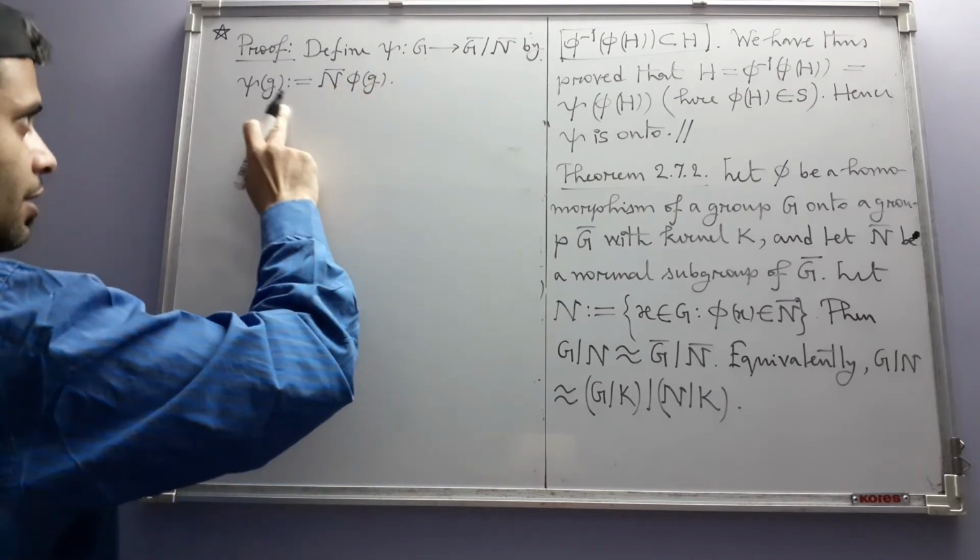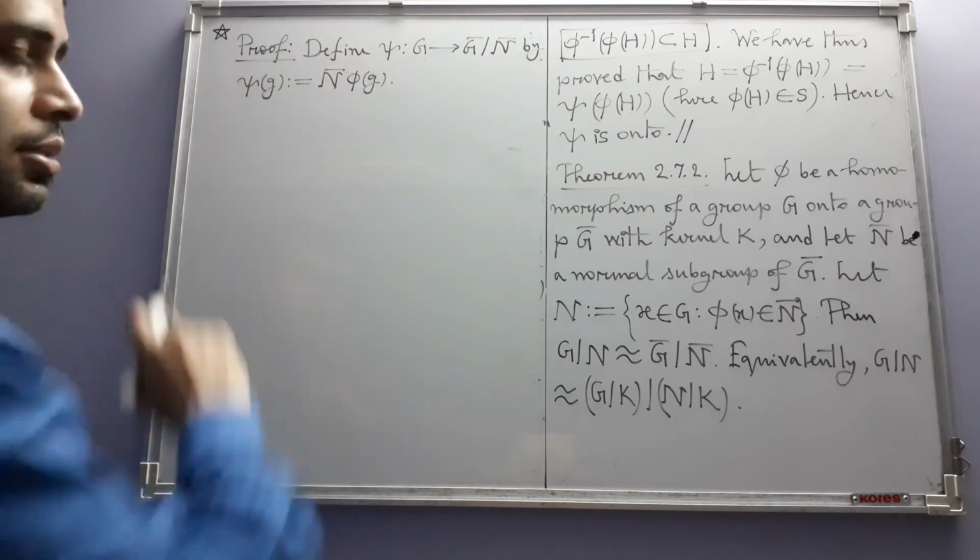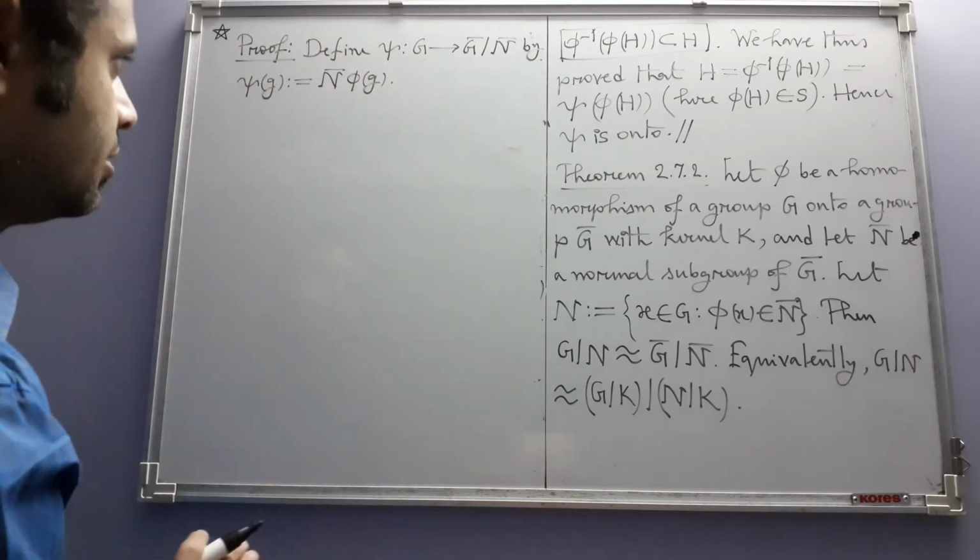You have g here, for that you get a unique image. You don't get two such things.